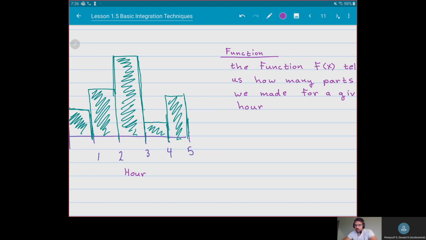So if what you need to know is how many pounds of cement you made during 3 a.m., that's going to be the function. If you need to know how many bacteria cells you have in hour 8, that's going to be the function. If you need to know how many meters you've traveled during hour 5, that's going to be the function.